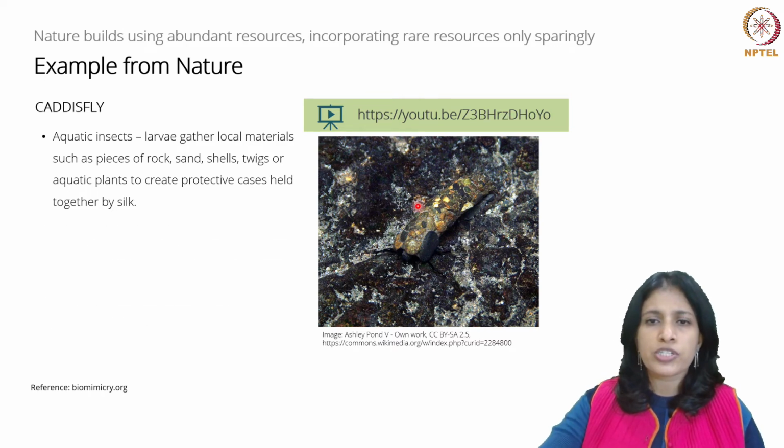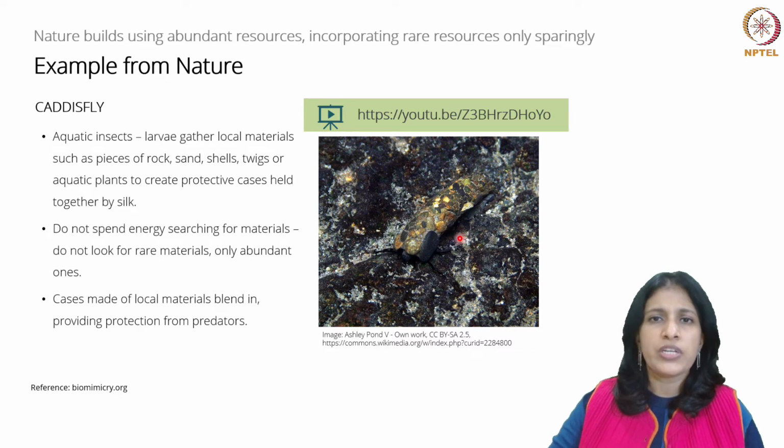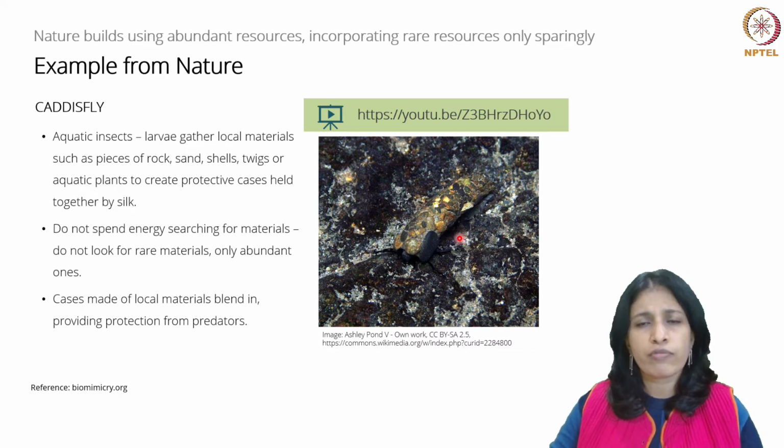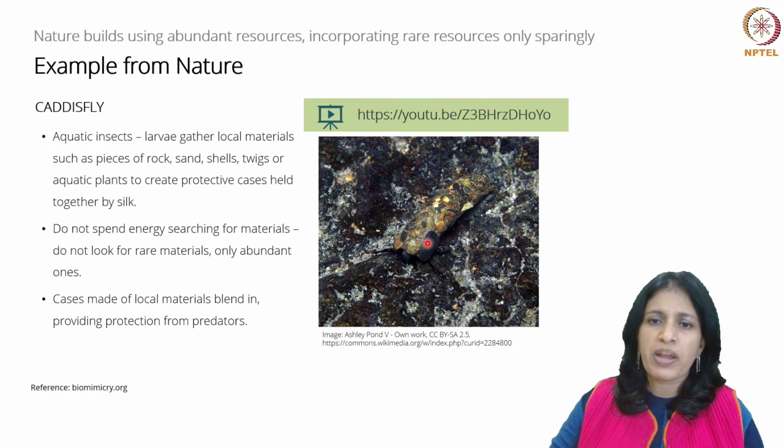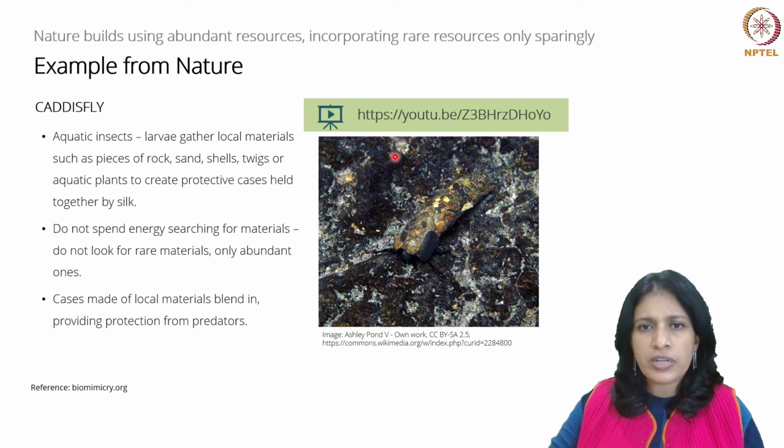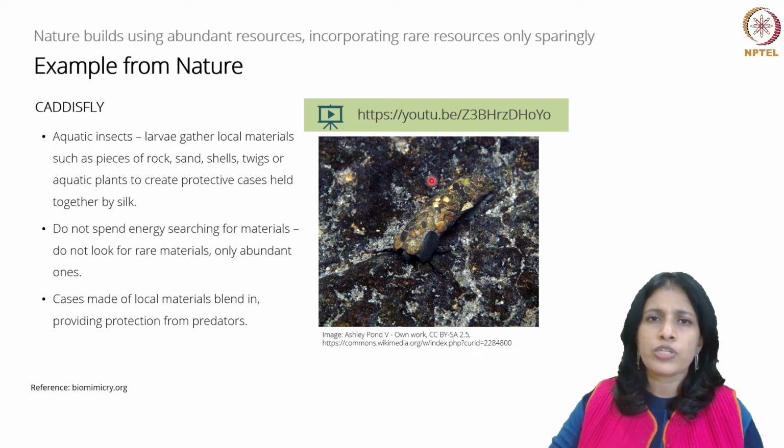It does not start looking for materials that are not available to itself. It does not spend energy looking for materials that are rare. It looks for materials that are available in its local environment because it lives in the water. It looks for materials that are available easily in the flowing water and creates this casing out of it to protect itself.